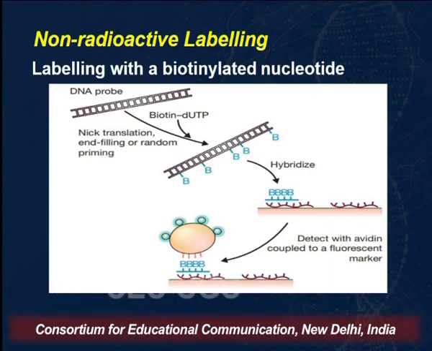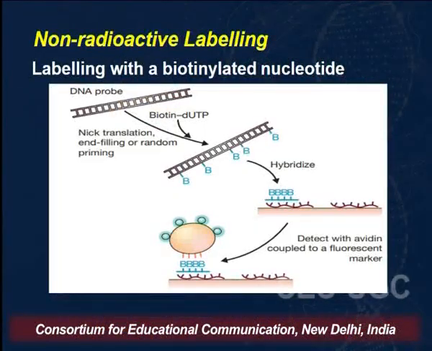So on the DNA fragment which you want to use as a probe, you synthesize the new DNA molecule by using this biotin dUTP. Then you again melt it to single strand and hybridize it to the DNA library which we want to screen.